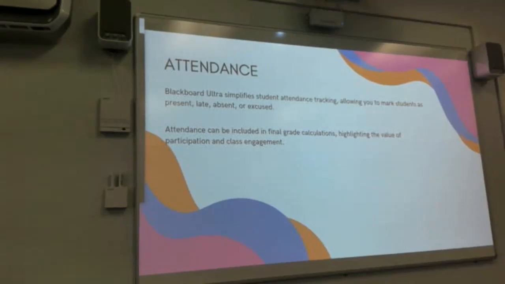So one thing with Ultra, it's very customizable in terms of how you teach your course. If you have in-person and hybrid classes, and you want to prioritize participation and engagement, you would give attendance more weight. If you have an asynchronous online course, you more or less don't really have to mess with attendance that much.